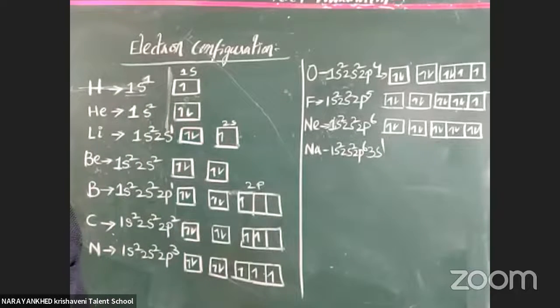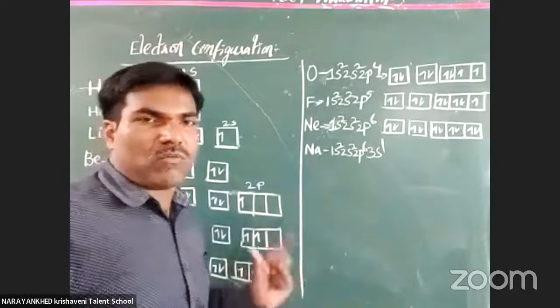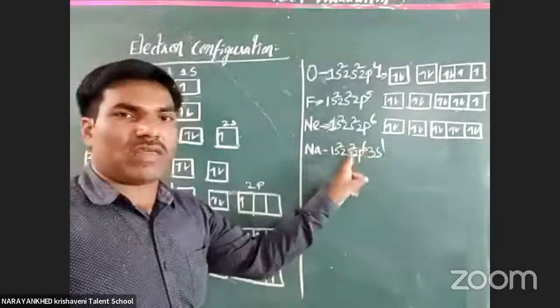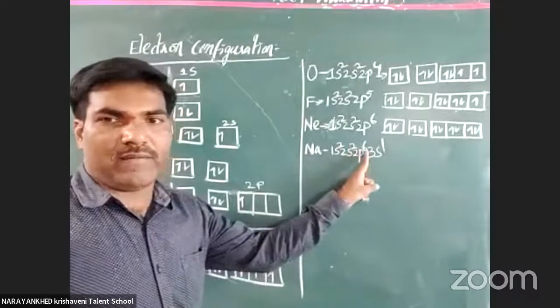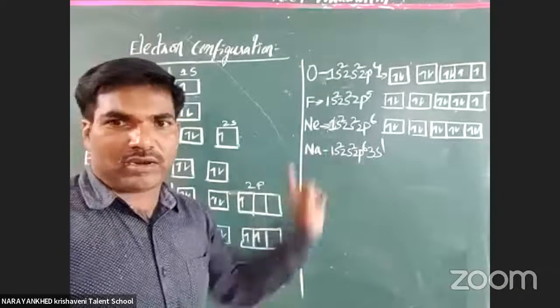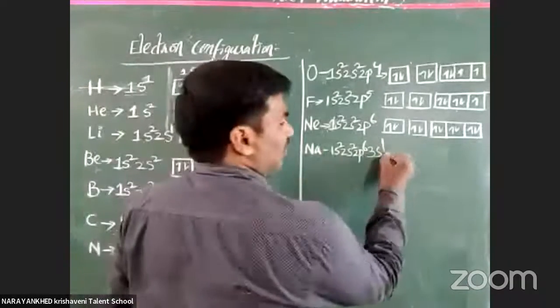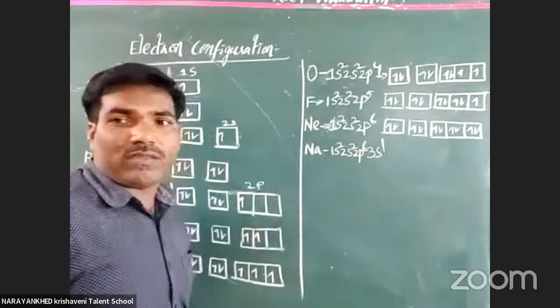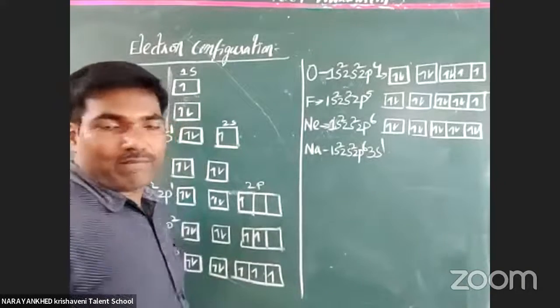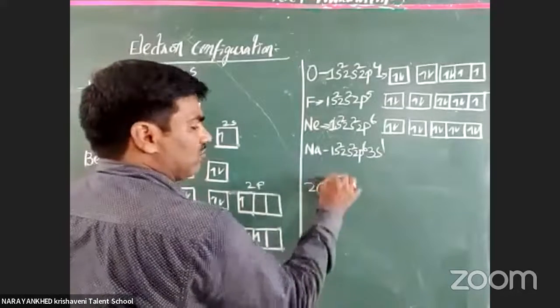Again started. The third orbit is started. Why? Because the second orbit's highest capacity is how much? 8 electrons. Now in the second orbit, 8 electrons are already filled. The first orbit's highest is 2 electrons. Clear or not? How many are in the third orbit? The capacity is 2n squared.